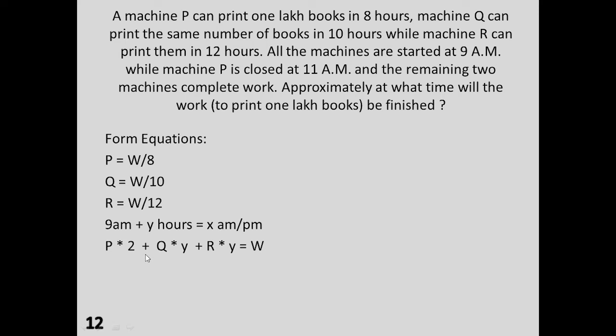Productivity into time. For Q and R, they have worked for Y hours. So Q into Y and R into Y is equal to work done. We need to find X. So in order to find X, we need to find Y. In order to find Y, we have to solve this equation, but there are variables P, Q and R, which we simply substitute from above equations.